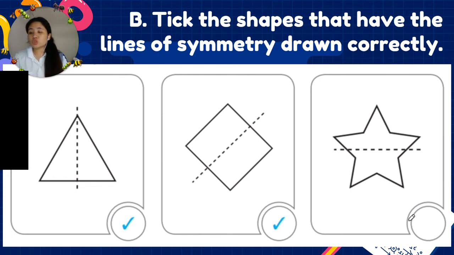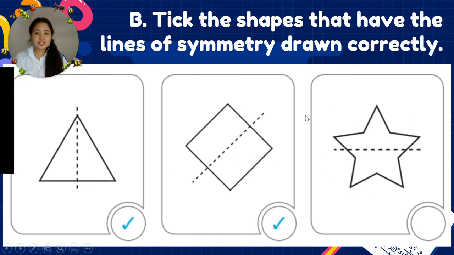Because we should not put a check here. Why? The lines of symmetry should be here to make it identical. So this one here, horizontal, is wrong. So that's why a star has no check. So that's it. Two only. The star has none.